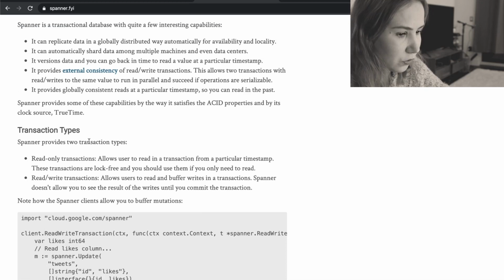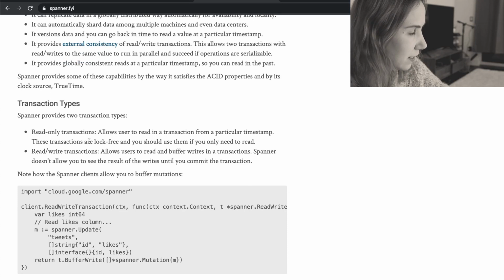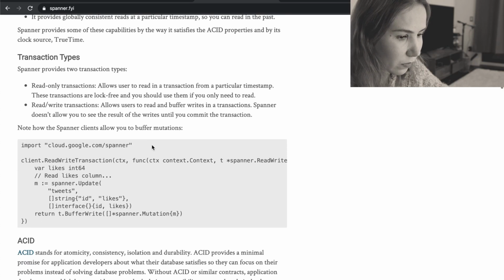And you can go back in time and read a particular version from that timestamp. Read-only transactions are very cool, because just because you are reading in the past, your reads can be lock-free.